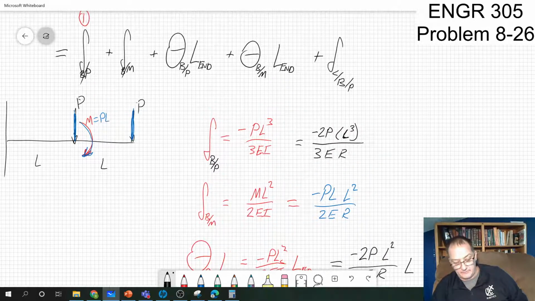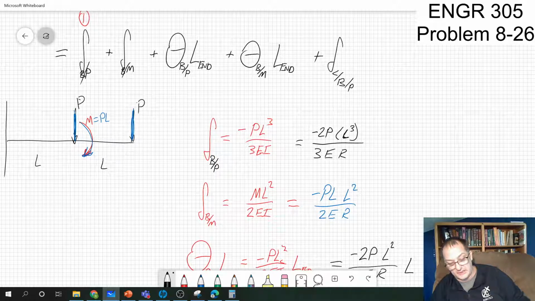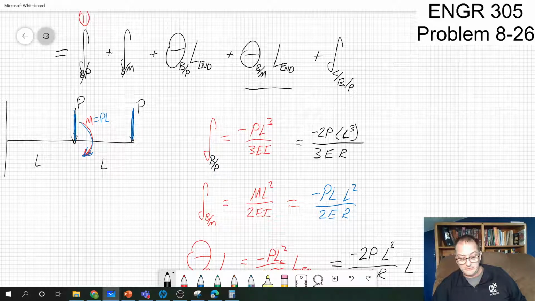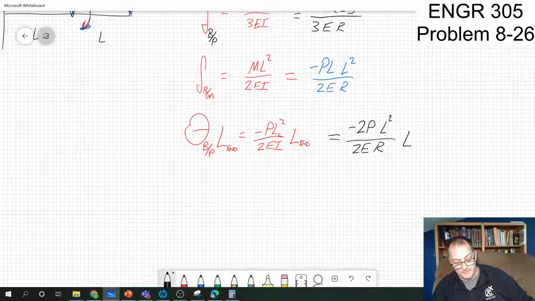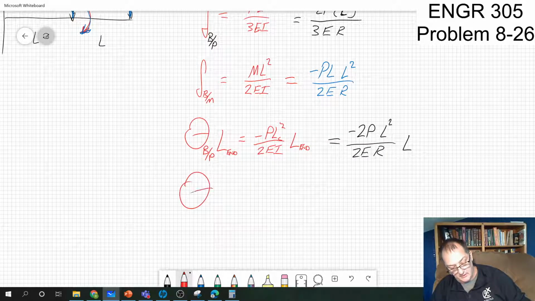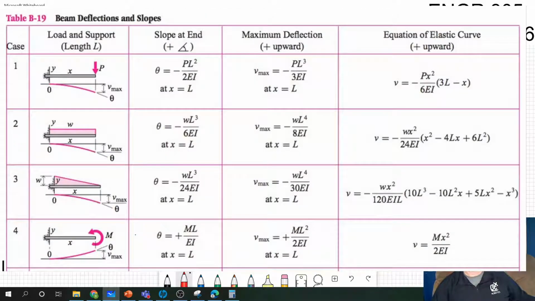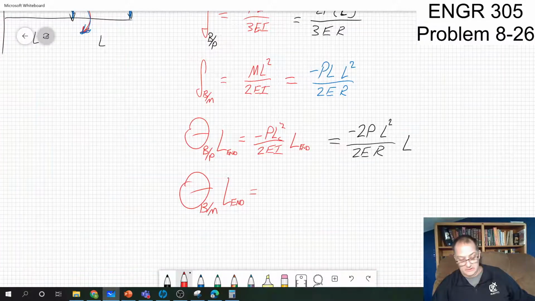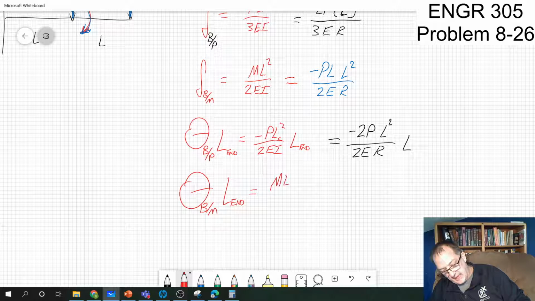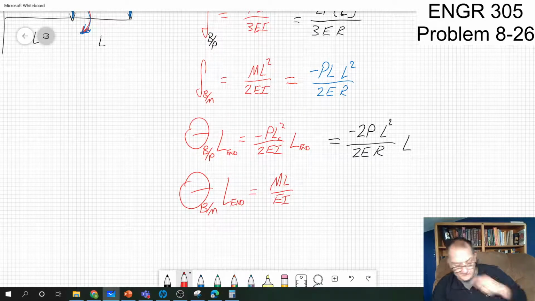All right. Third term: the twist from the moment. The angle at B from the moment times the length to the end is equal to, now pull that one up, ML over EI. That's the twist at the end.